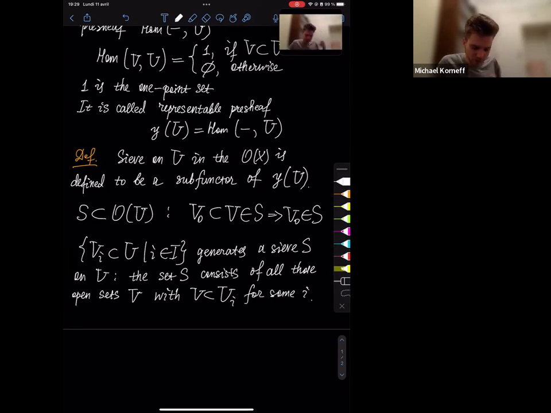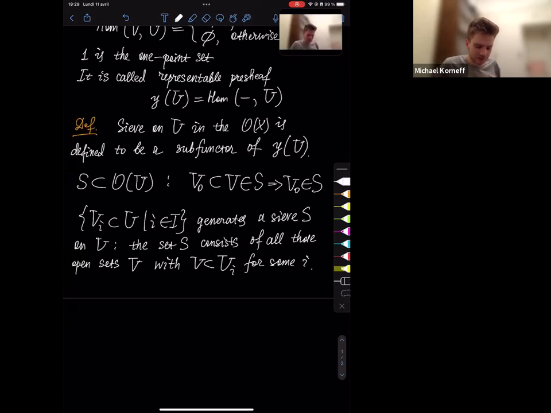In particular, we may consider some covering, and we may consider the corresponding sieve, and we will say that this sieve is a covering sieve. Okay.